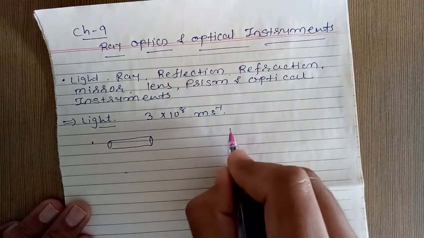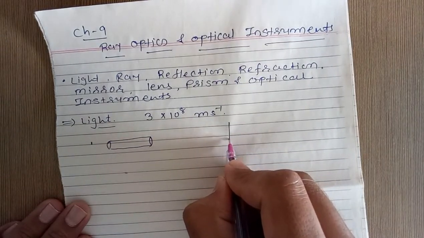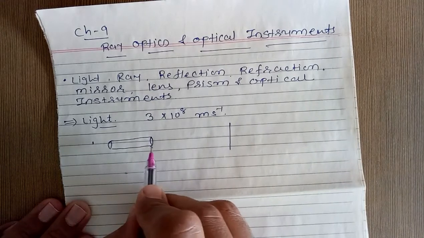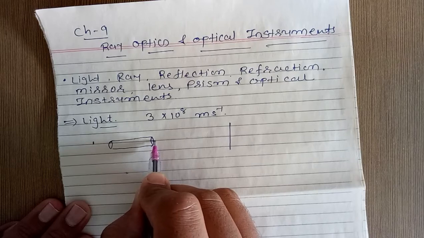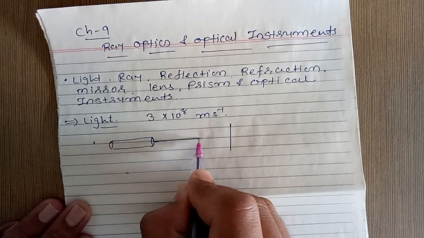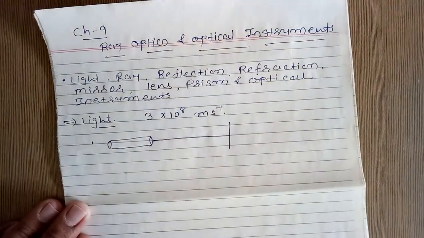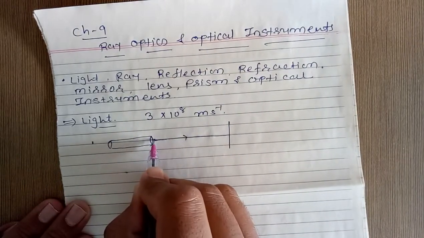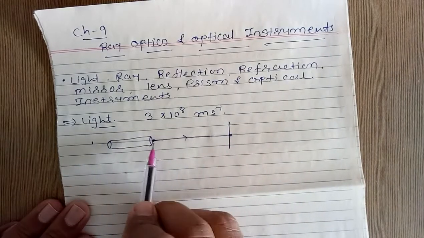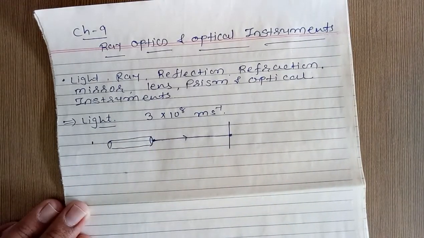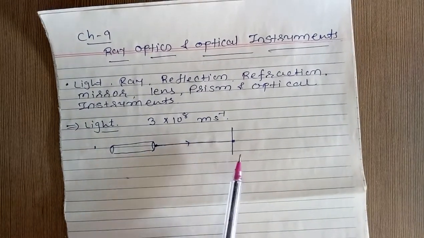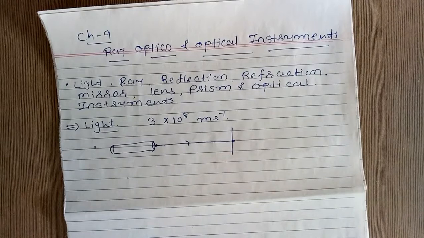When we switch on the laser and place it towards the wall, we can say that the light is traveling towards the wall. So we can say that light moves from one end to another end in a straight line.